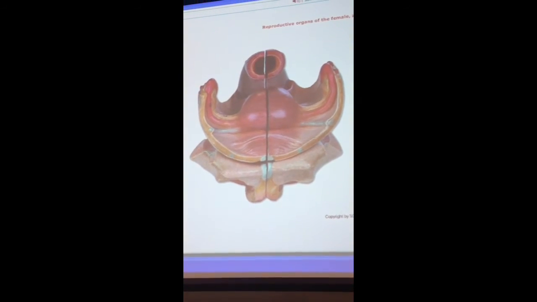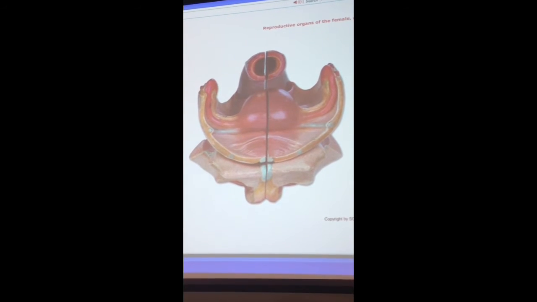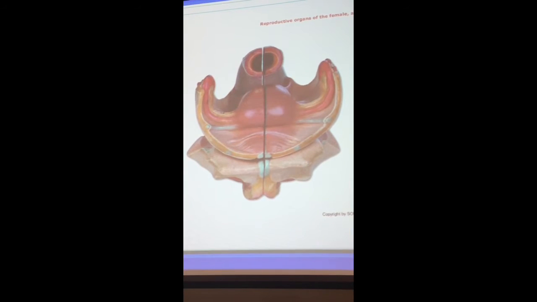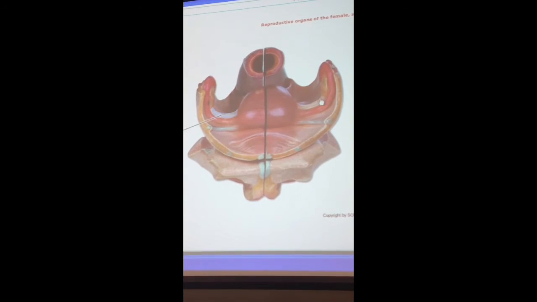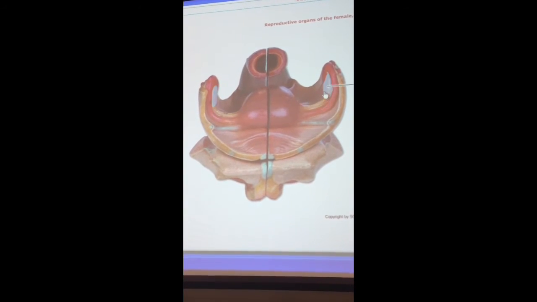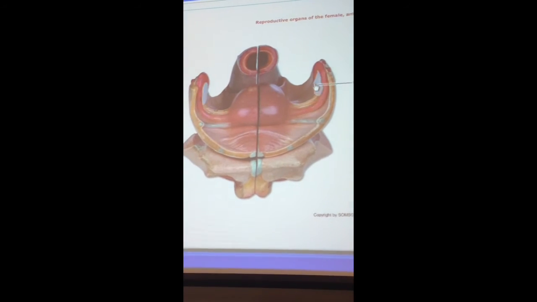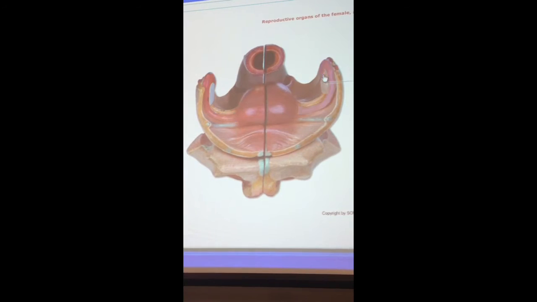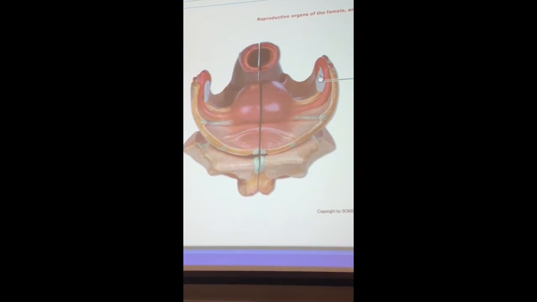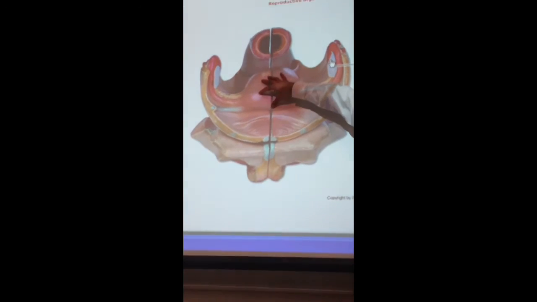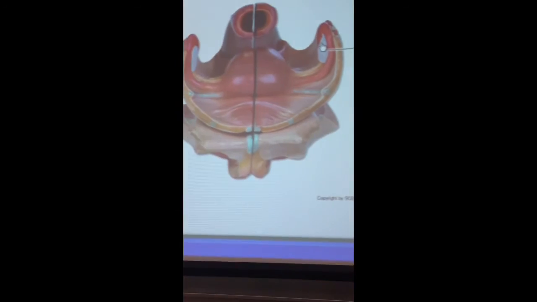This is the top part of the reproductive system. Same thing in here. You can see the ovaries and ovarian ligament right there. You're looking at the superior angle. You can see the fimbriae, tiny little finger-like projections, ampulla and uterine tube, and this is the uterus right there.